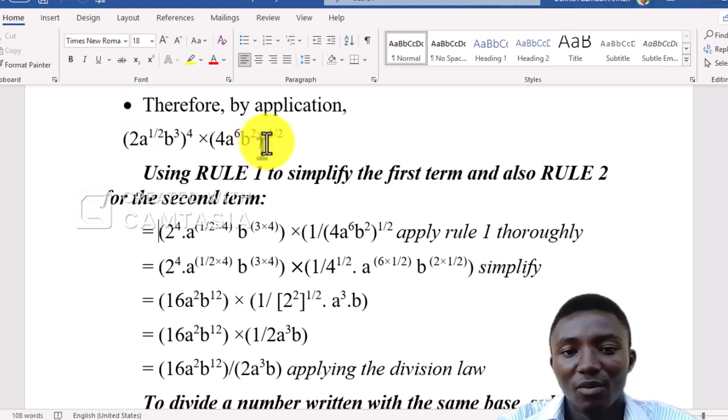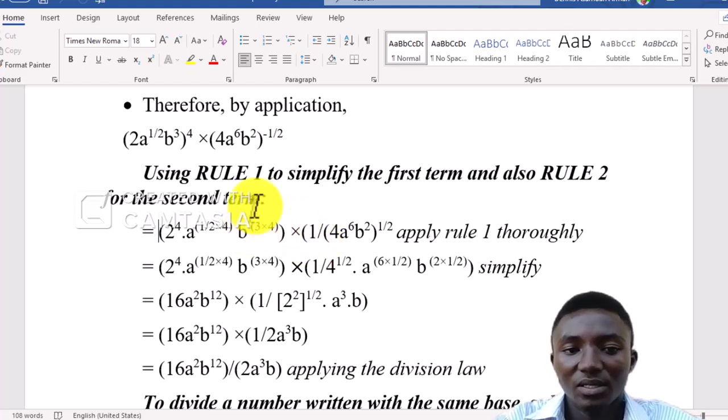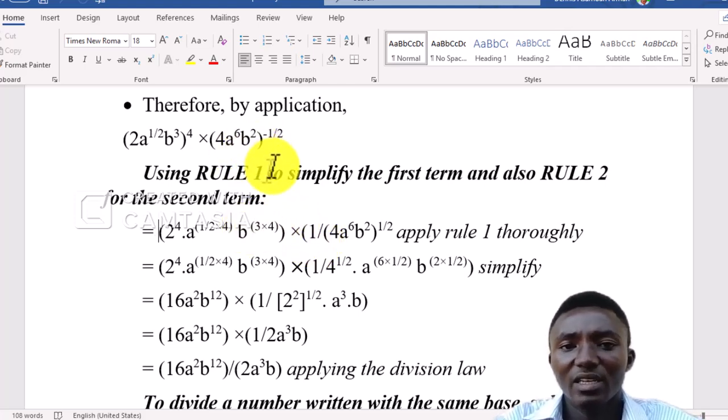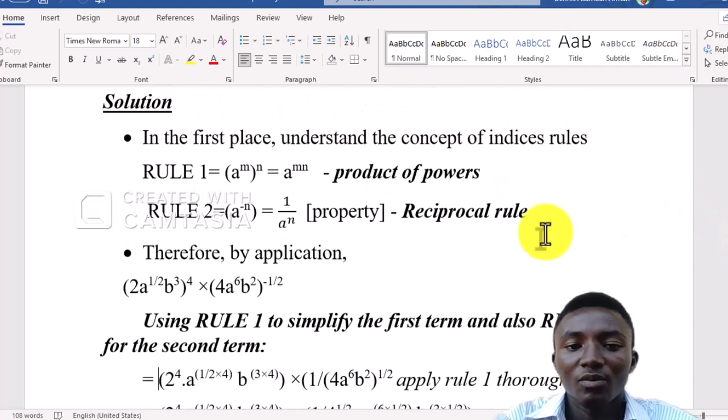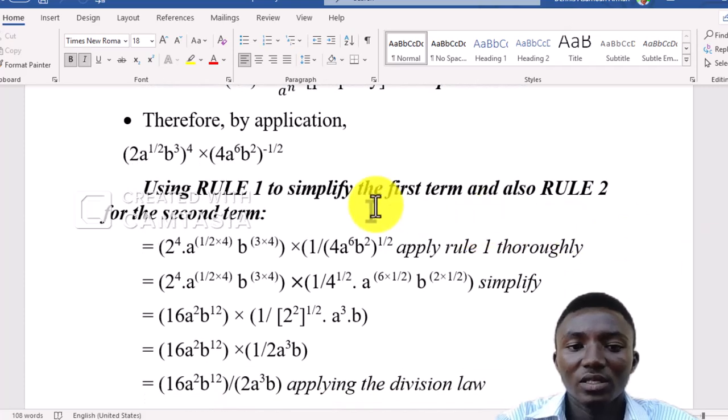Because of that, this expression we need to reciprocate, based on the second rule. Anytime you have a negative power, what we need to do is to reciprocate the expression. Is that clear?